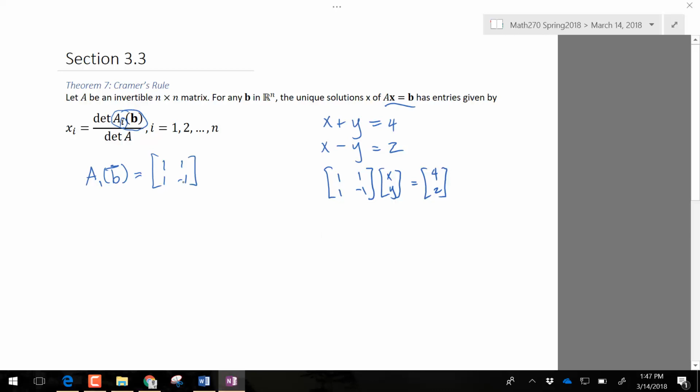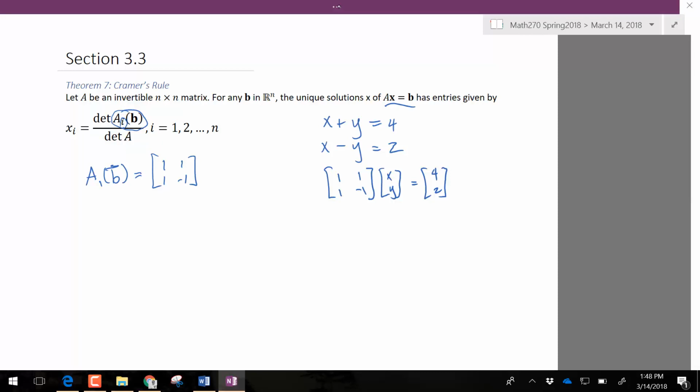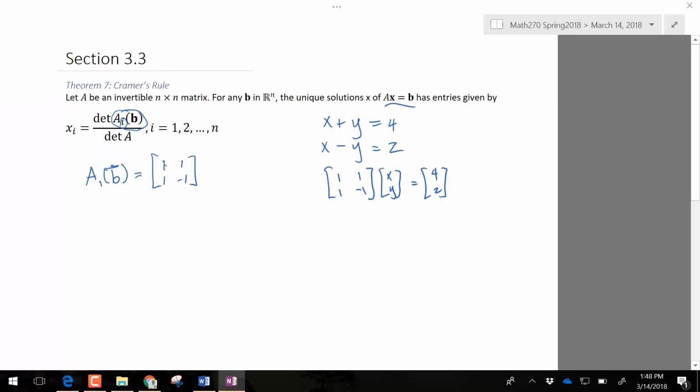Instead of using the original matrix, you're going to replace your first column by this vector b, 4 and 2. Okay, so it's your matrix A, and then you're going to replace one of the columns with the vector b.